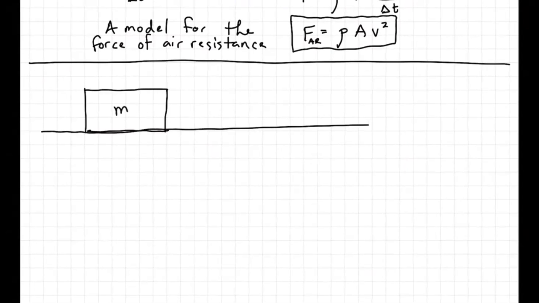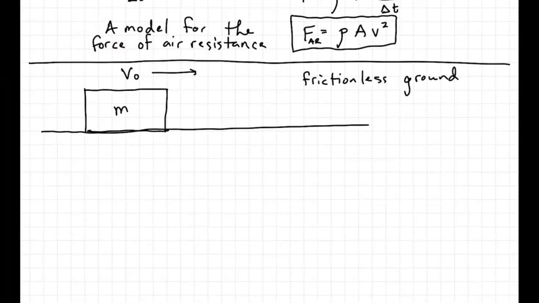It's got some mass. It starts with some initial velocity, v naught, this way, and frictionless ground. And the question is, how does the motion of this change over time? Let me make this a flatter ground. That's a little bit better.